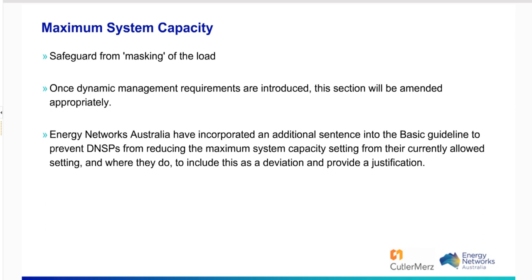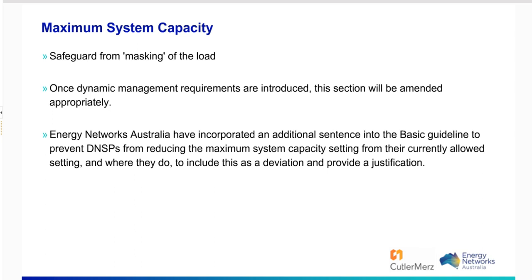Having said that, and it was welcome as part of the feedback that was received in the last few months, there was a comment around some NSPs going past the currently set maximum system capacity and wanting to encourage them to continue to do that.